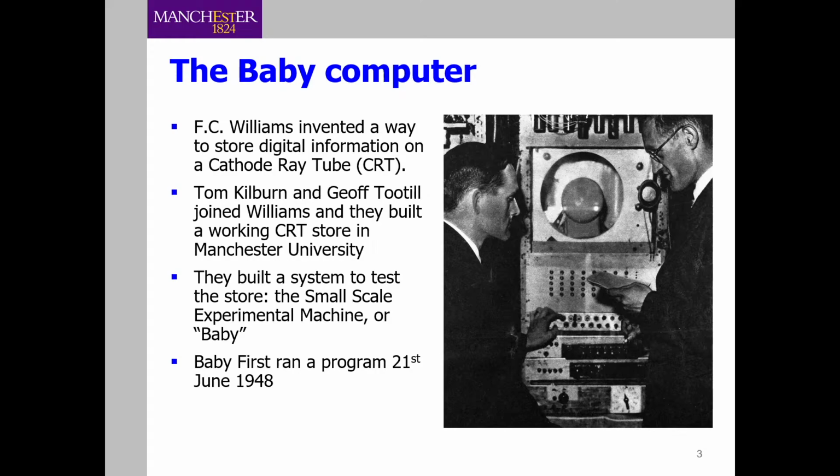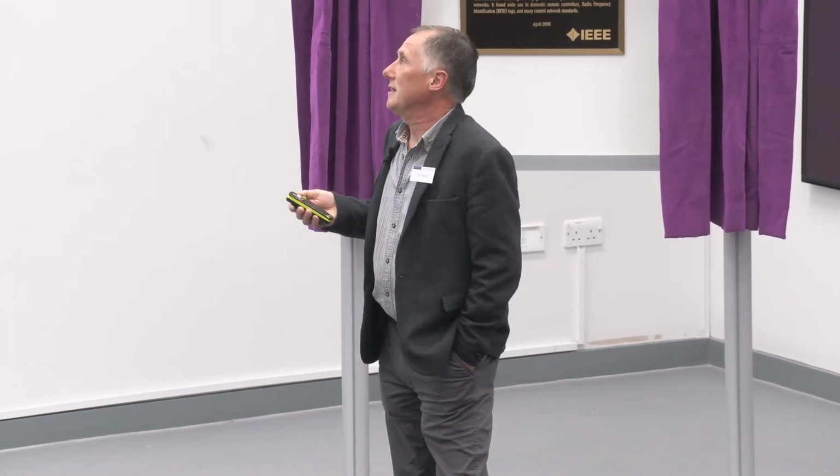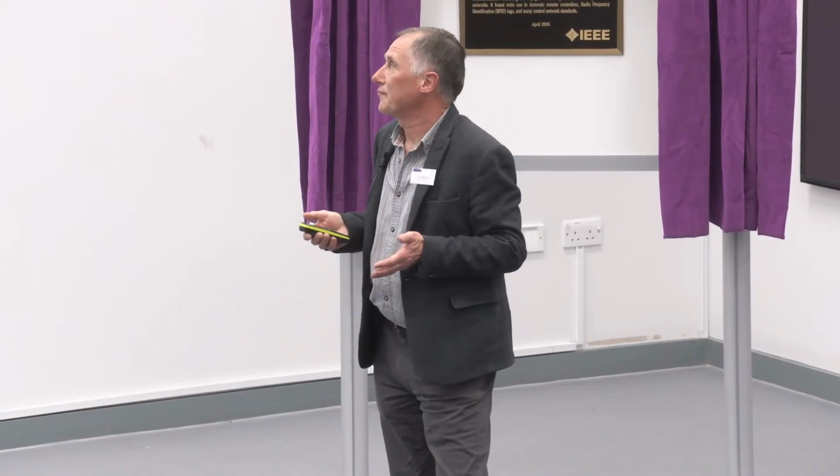So the story starts with the baby computer. I'm not going to give you the whole story of the baby, but in brief, FC, or Freddie Williams, in 1946 invented a way to store digital information on a cathode ray tube. He brought Tom Kilburn and Geoff Tootill to work with him, and together they built a working CRT store in the university.